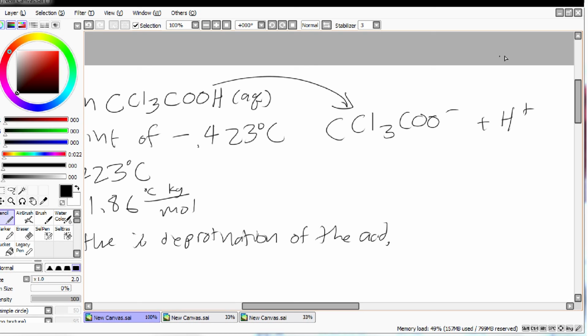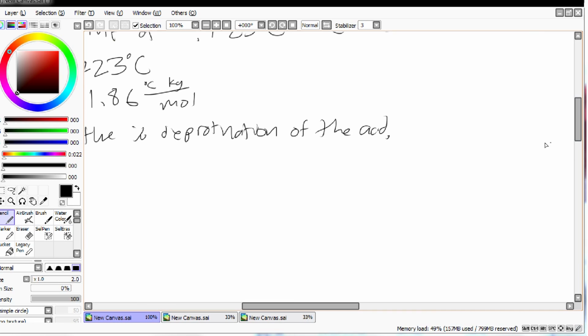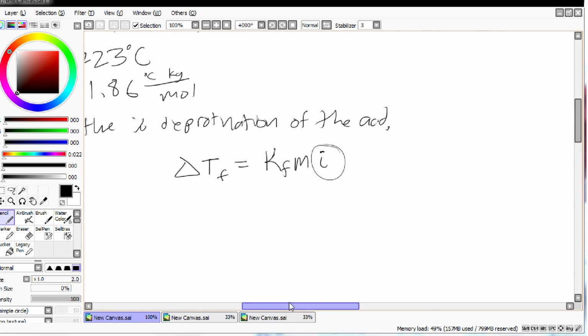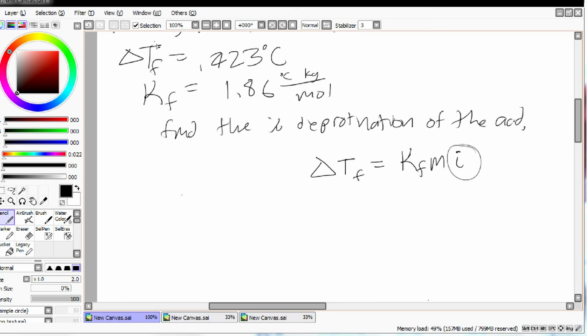So we can break out our freezing point depression equation here. Delta T equals some constant times the molality times the Van't Hoff factor. Important because we know that this dissociates into two different ions. So let's look at what we know. The change in temperature is 0.423.